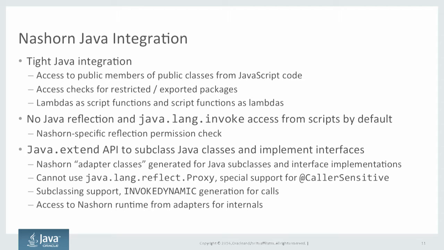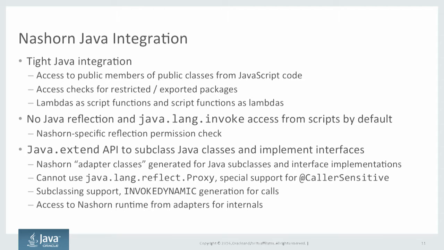We cannot use java.lang.reflect.Proxy because it's in java.lang.reflect, so we need another way of doing that. Those adapters can access the Nashorn runtime for internals. User code cannot. User calls are all linked by Dynalink, which uses the public lookup by default. And that means we can't access the runtime.